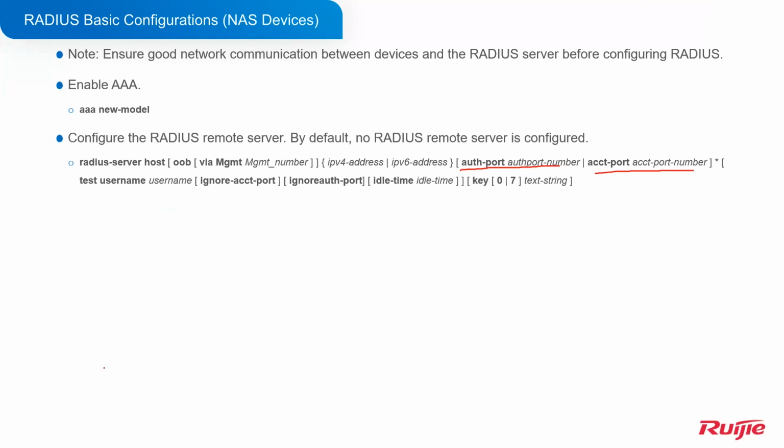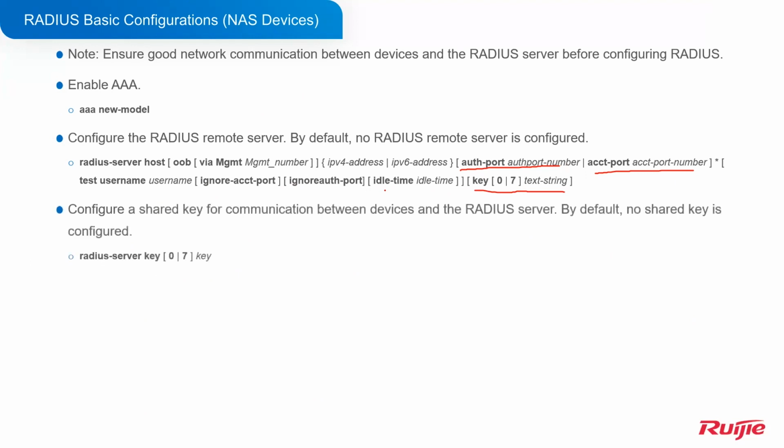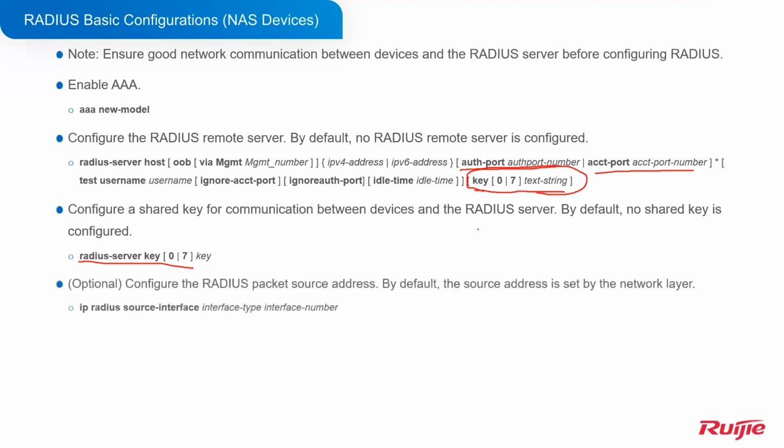And the test username and ignore accept ports, the idle time, the key, appreciate the key of both sides, is similar to the configuration of TACACS+. And configure the shared key for information between devices. You can use a specific command to do this, or you can just add it in this command. The function is similar. Okay, and optionally configure the RADIUS packet source address.